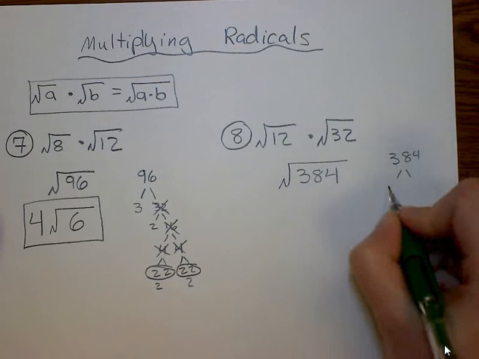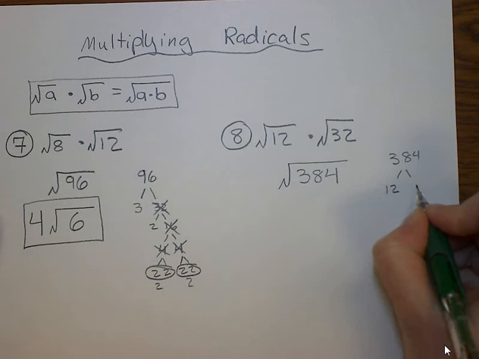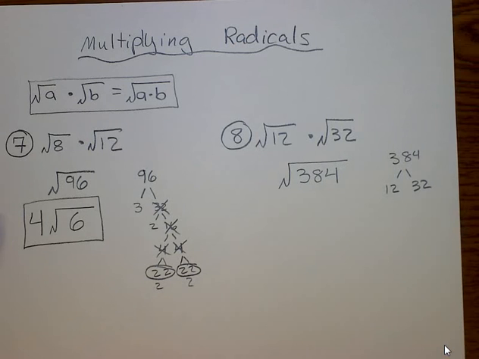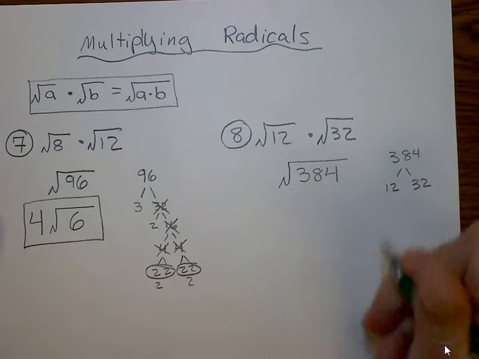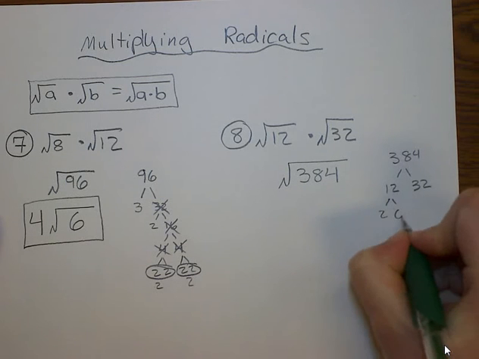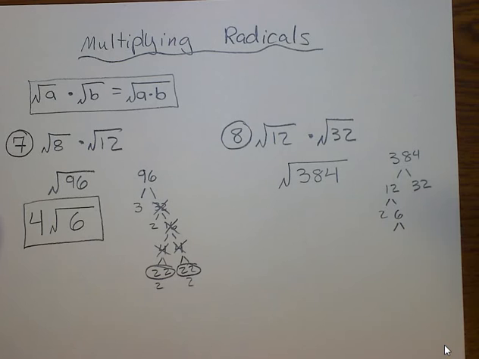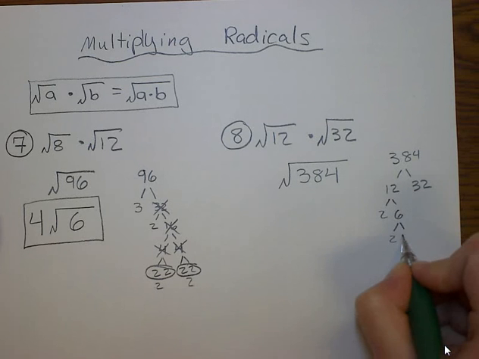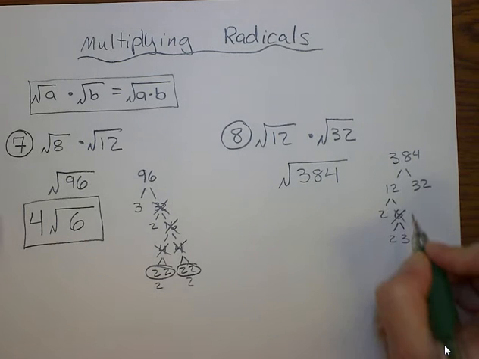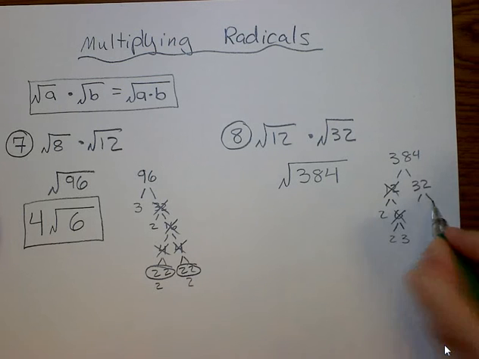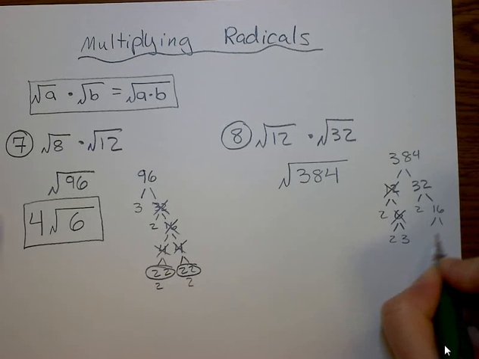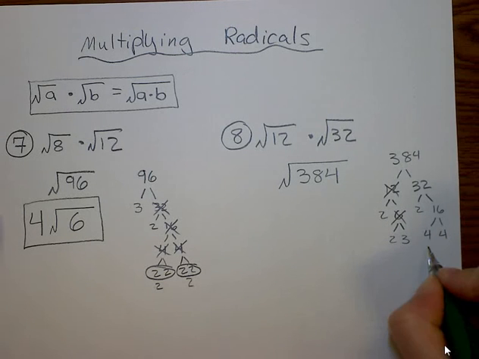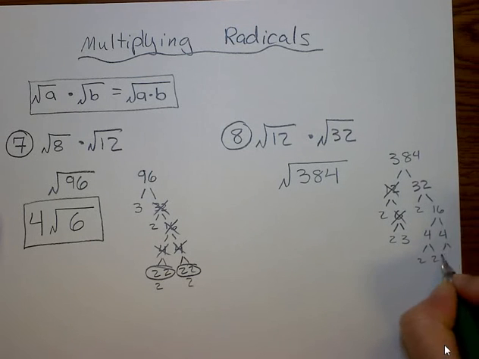Whatever you see, but I see 12 and 32, just to get it started off a little bit bigger. So 12 is 2 times 6. 2 is a prime number, but 6 is not, so we have to go further, and we get 2 and 3. Now those are prime numbers, but we have to deal with the 32 yet. So we get 2 and 16. 16 I always see to break down as 4 and 4, which is 2 and 2, 2 and 2.